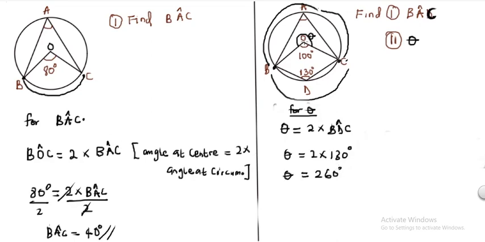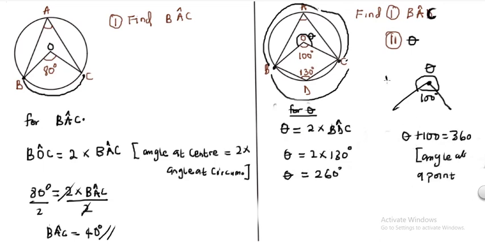We could have also found theta by using angle at a point. If we pick out the center of this circle, it looks more like this. Here is a 100-degree angle, and there's a theta angle here. So we can use the idea of theta plus 100 is equal to 360, and our reason will be angle at a point.